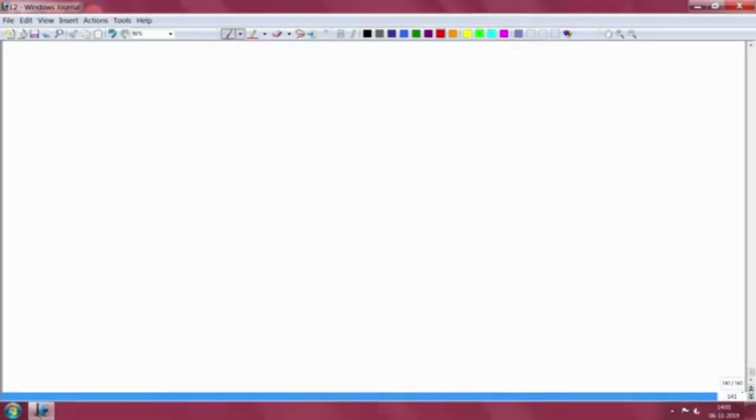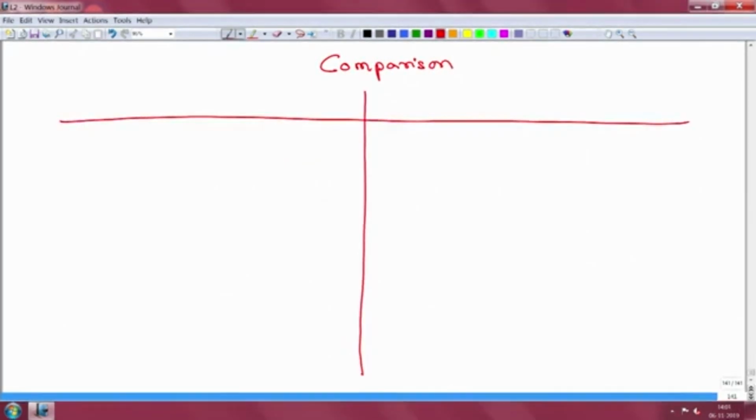So, let us just do a quick recap, because we want to understand some of the key principles that are involved. Okay. So, let us just do a comparison. On one side we have done the Maxwell model, and the other one is the Kelvin-Voigt model.